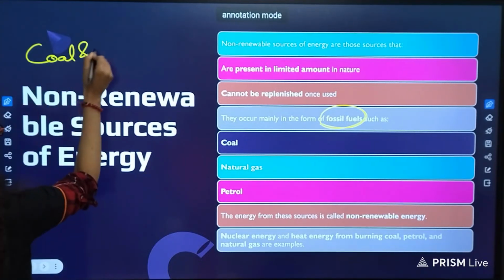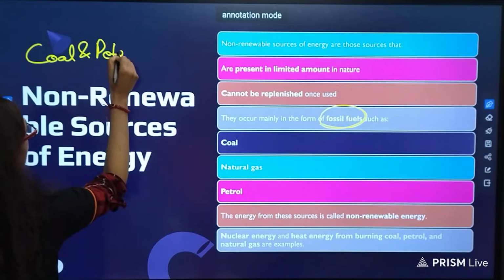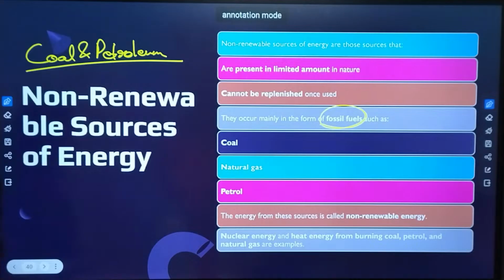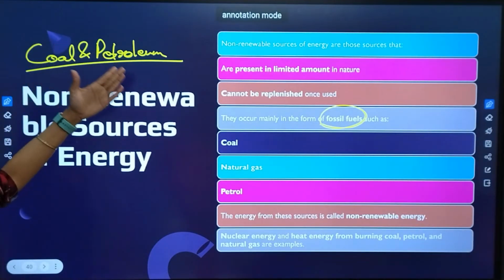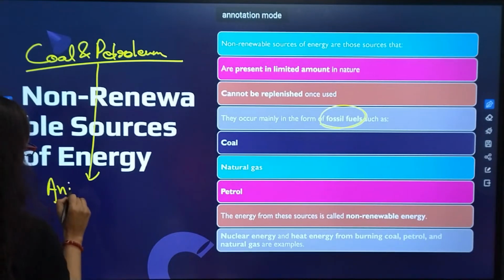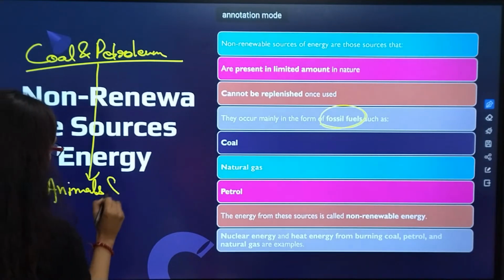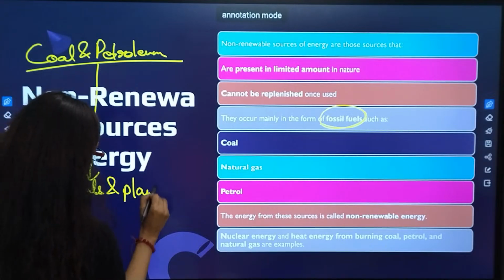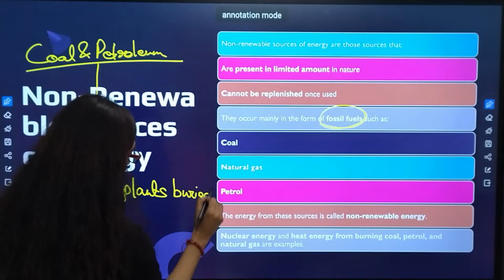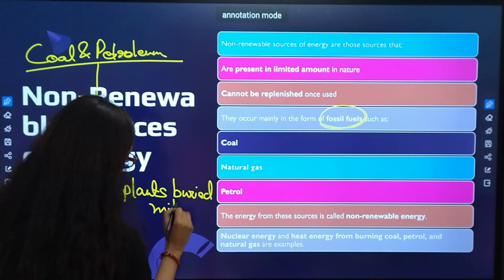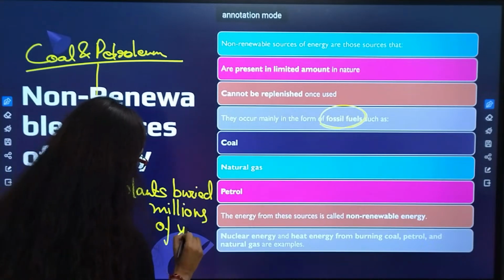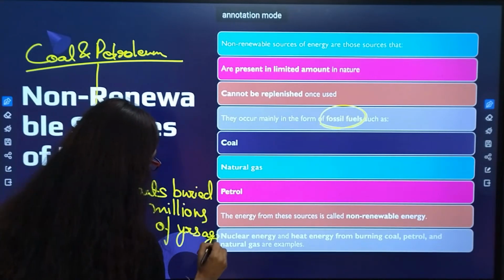Coal and petroleum are known as fossil fuels because they are formed from animals and plants buried millions of years ago.